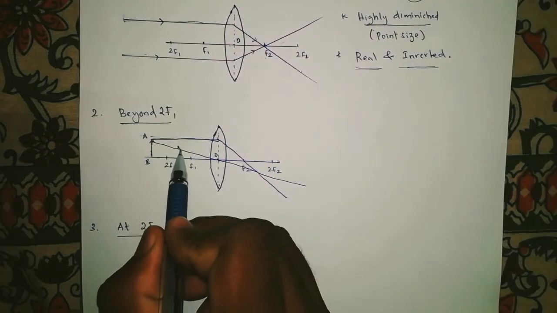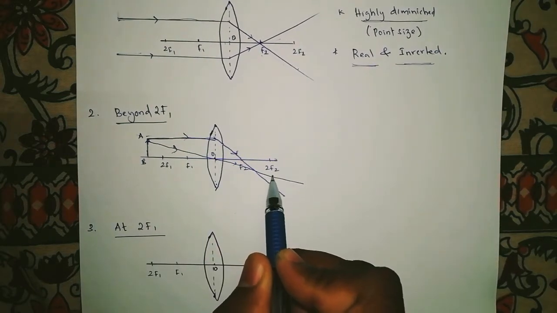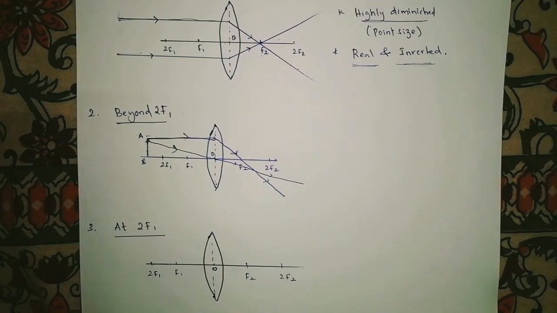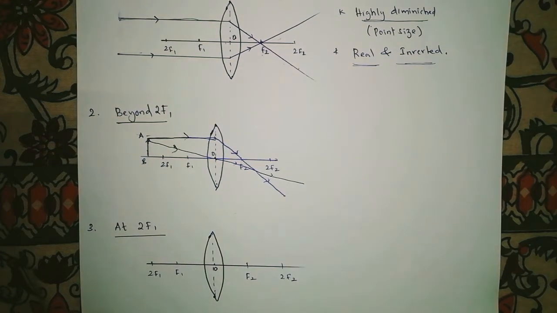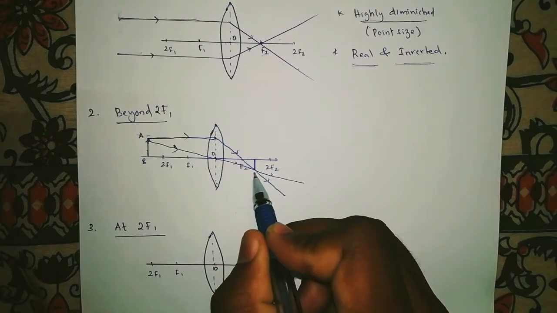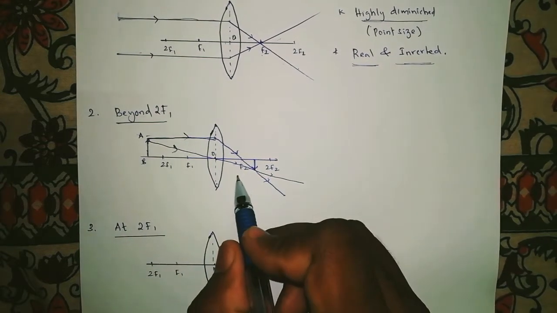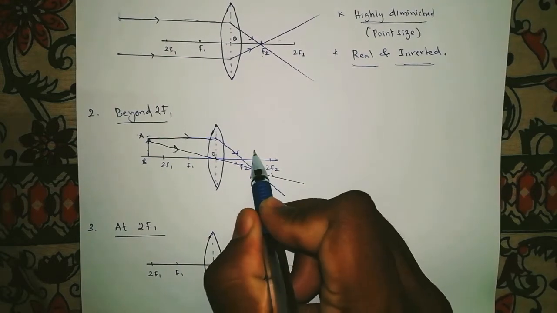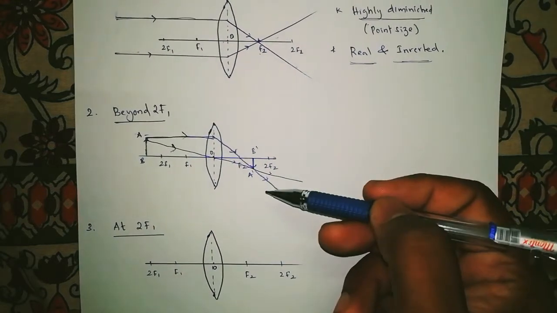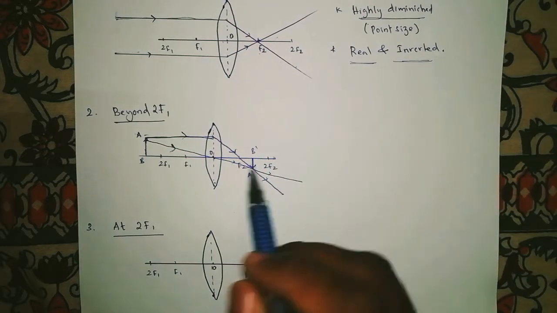You have to put an arrow mark. Even in your exam they ask you to put an arrow mark. It's very, very important. So you can see that this is the point, and here only the image is formed. You think that A now becomes A dash, B dash. That means the image looks inverted. That is why I put it like A dash and B dash.